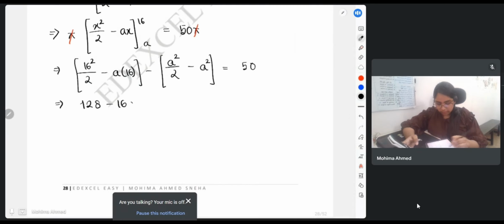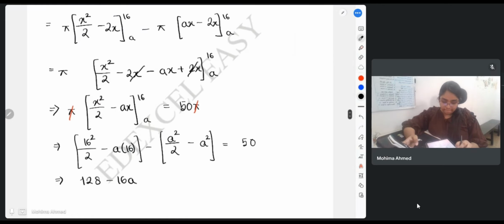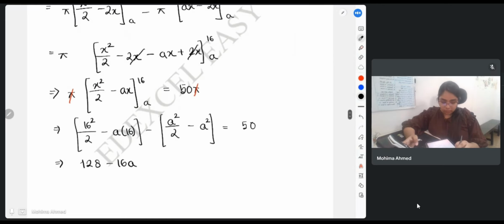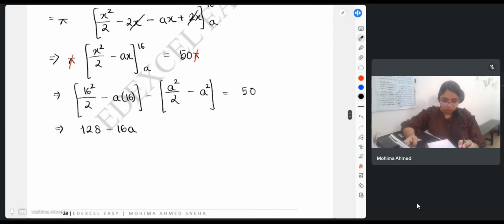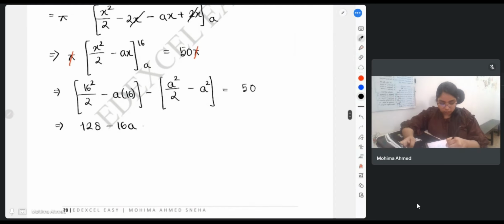So 128 minus 16a, and from this part you have a square minus a square by 2. You can do LCM over here or you can just keep it like this. Half a square minus a square: half minus 1 is just going to be negative half. This is going to be positive half. a square equals 50.